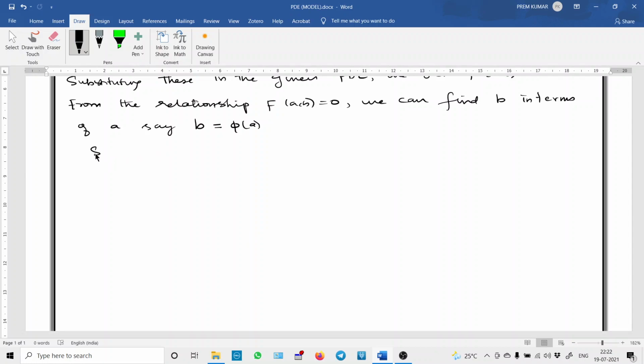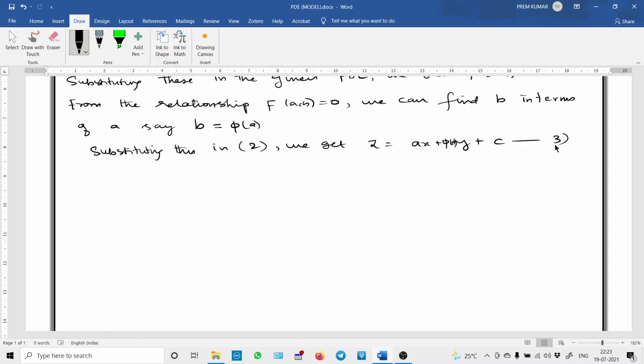Substituting this in equation number 2, we get z equals ax plus by plus c, and instead of b we put phi of a, so z equals ax plus phi of a y plus c.